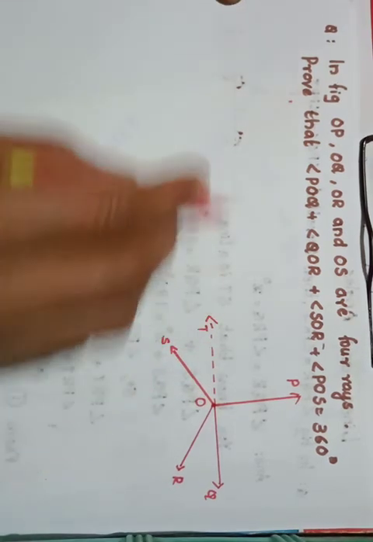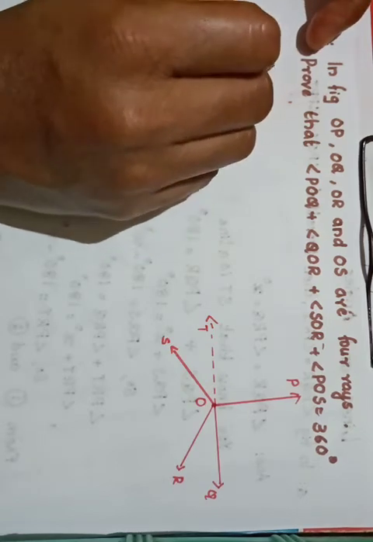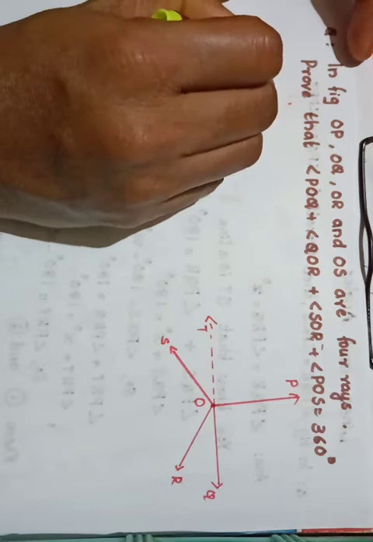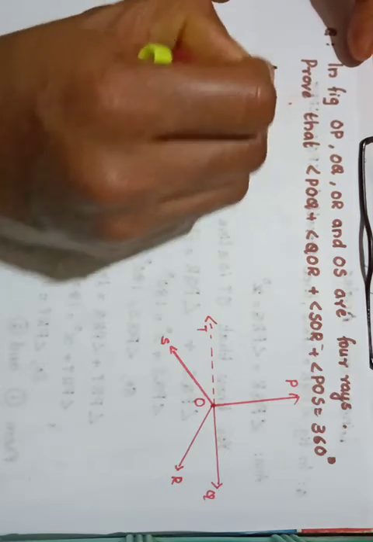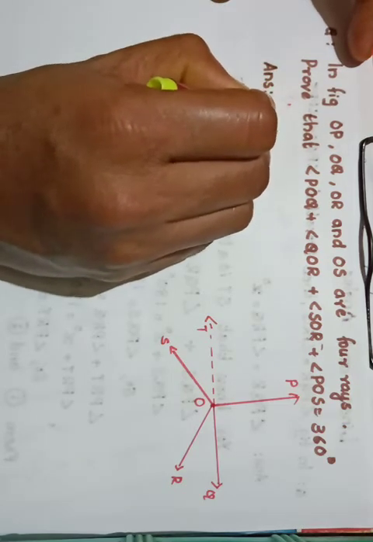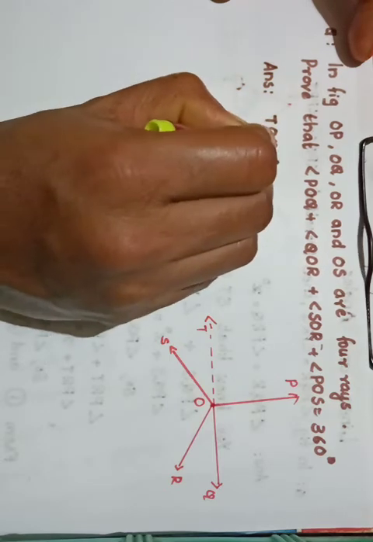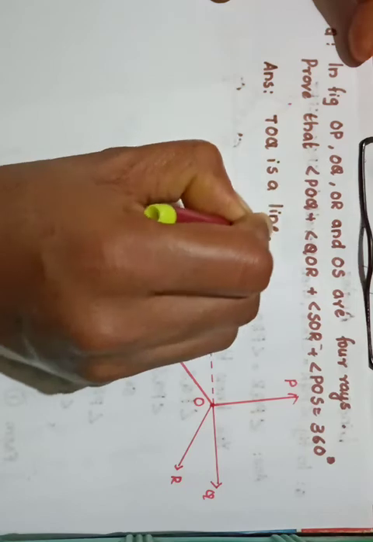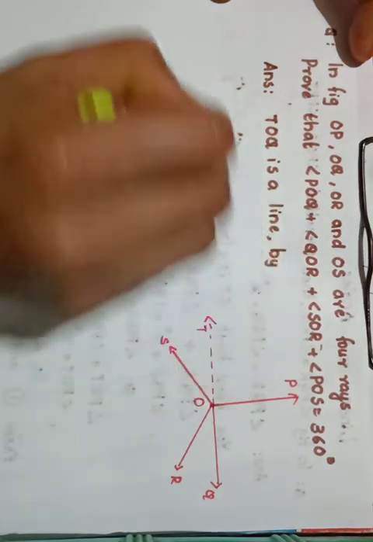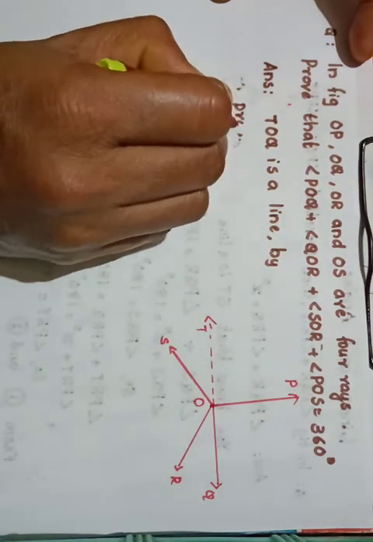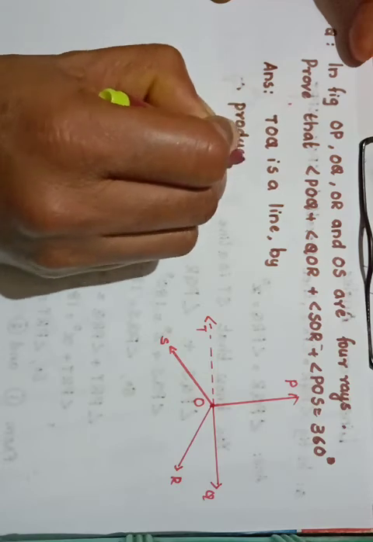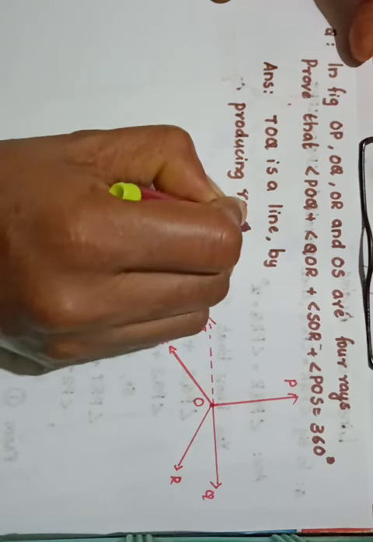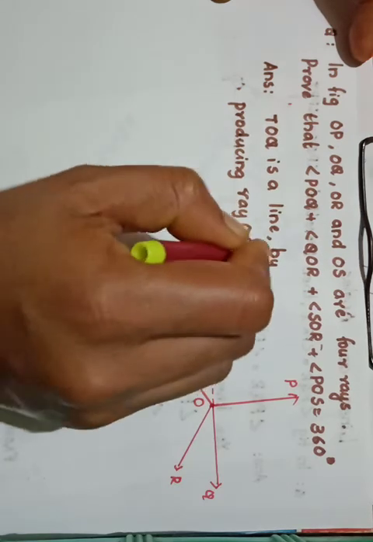So TOQ is a line by producing ray OQ backward.